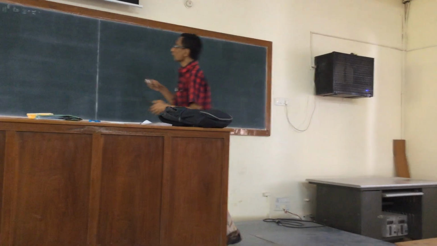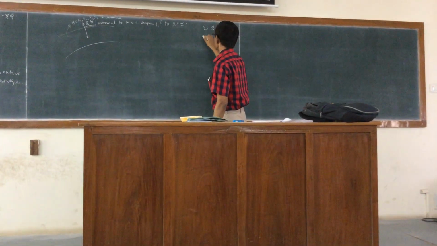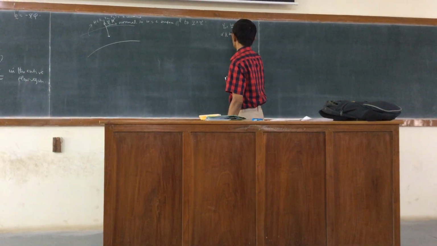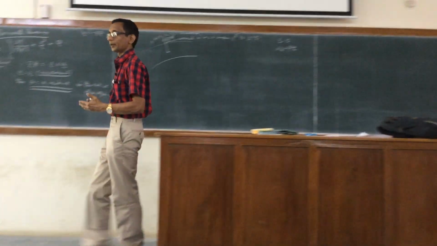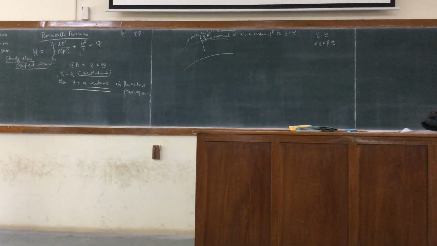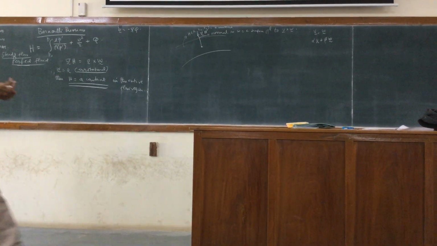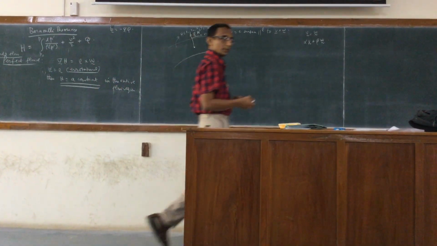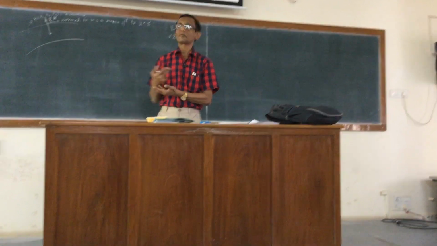The plane formed by V and W can be written as alpha times V plus beta times W. That will contain all the vectors in the plane formed by V and W. Alpha equal to 1 and beta equal to 0 gives V, and alpha equal to 0 and beta equal to 1 gives W. Those are only two vectors; there is an infinite number of vectors on that plane given by this.